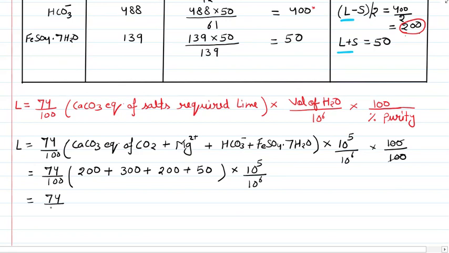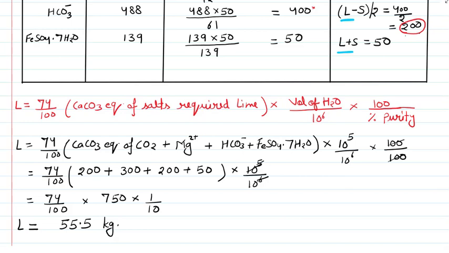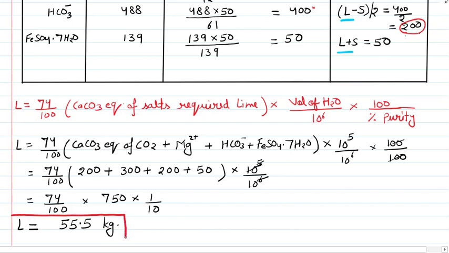After calculation, we get 74 upon 100 multiplied by 750, which is the sum of all these numbers, multiplied by, when we cancel these powers, 10 raised to the power 5 cancels the powers, so we get 1 upon 10. And after our final calculation, we will get 55.5 kilograms, which is the requirement of lime.